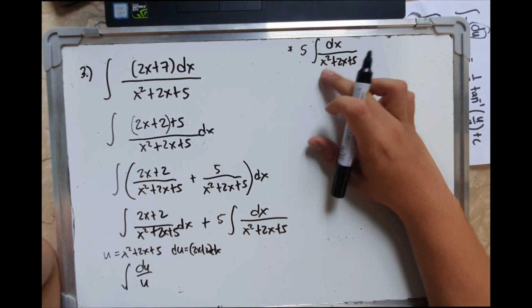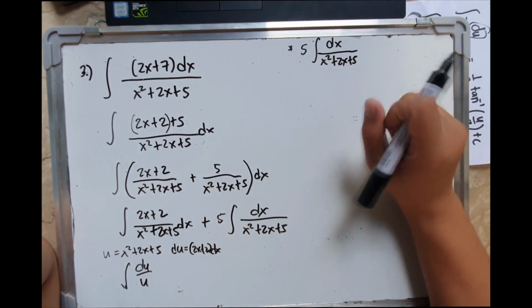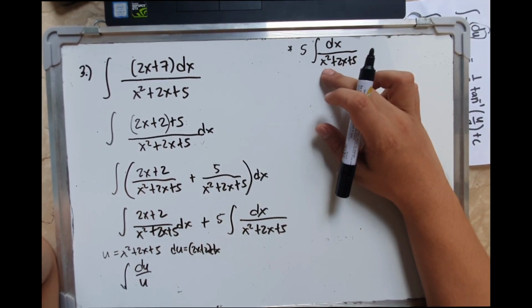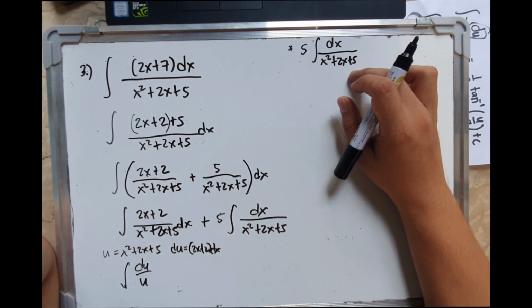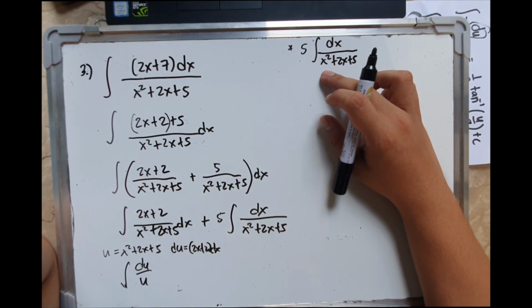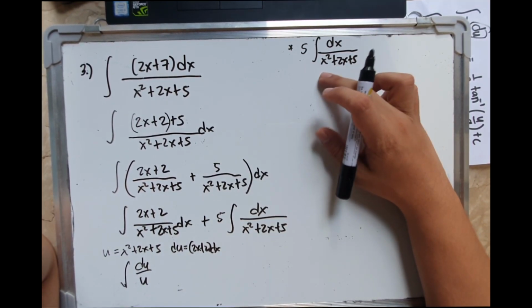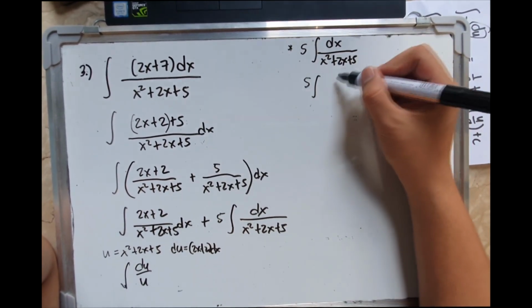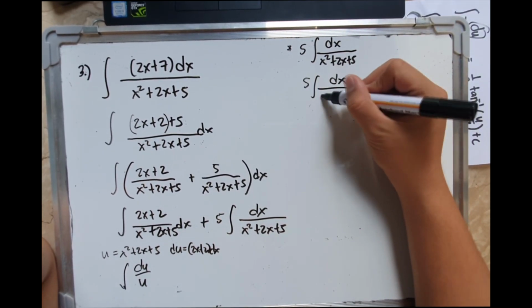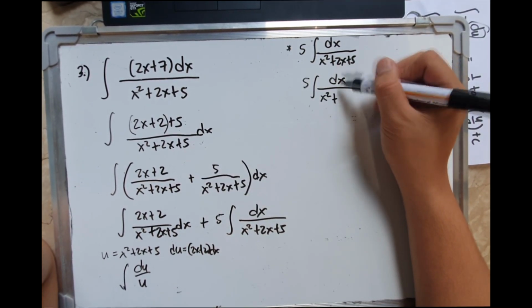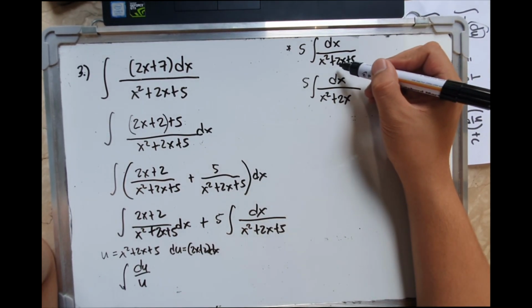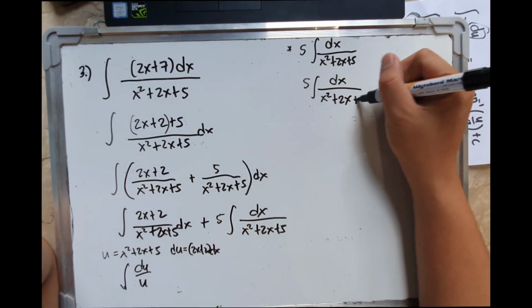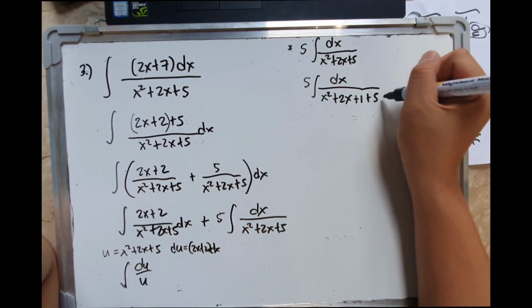Now, if we complete the square of the denominator, we begin to see another inverse tangent formula. So we have x squared plus px, where p divided by 2 gives 1 squared. So we will be adding 1 and subtracting 1.